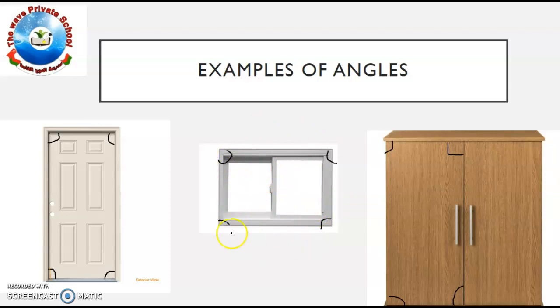So there are many angles in this window. Now look at this cupboard. If I observe this part only, here it's one angle, second angle, third and fourth. Now it's your turn. Observe this side and tell me how many angles you can see in this part of the cupboard. Yes, you have only 10 seconds.